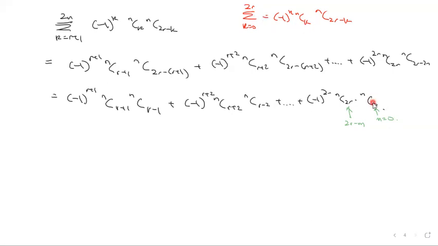You've got the 0 term here. You've got the 1 term over here. You've got the 2 term, 3 term, 4 term, 5 term, 6 term, 7 term. You've got everything up to the r minus 1 term. In other words, I'm saying this is the whole thing.